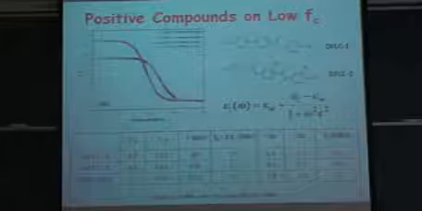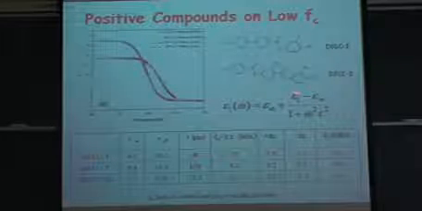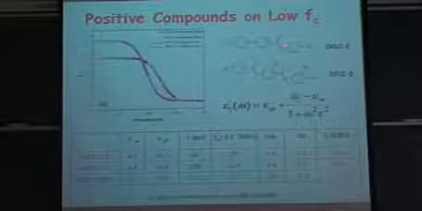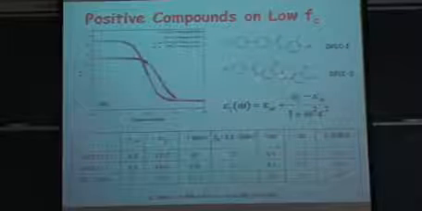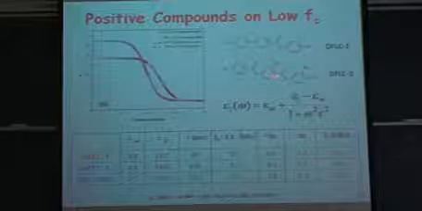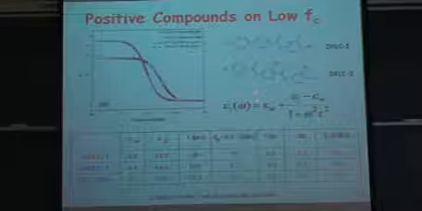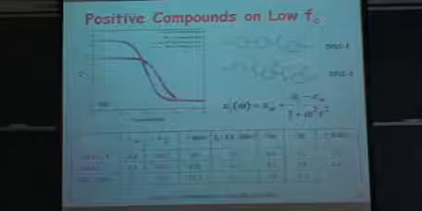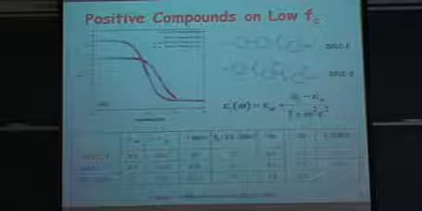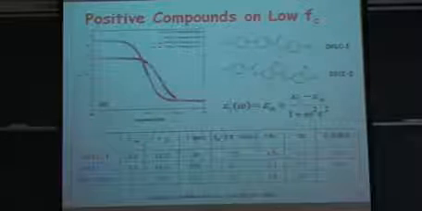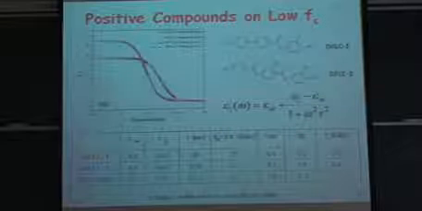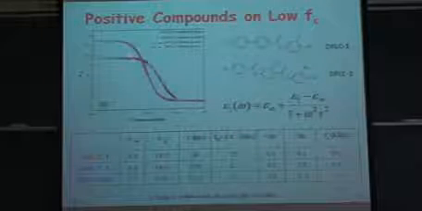Then we want to compare these two positive liquid crystals. We see the difference: one with 1 ester group, another one with 2 ester groups. We make 2 mixtures, each of them has 15% positive liquid crystal, with the same negative liquid crystal host, so we just want to compare the positive ones. We measure the dielectric constant.